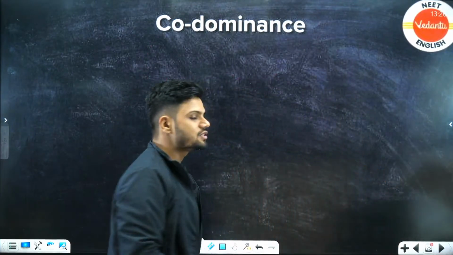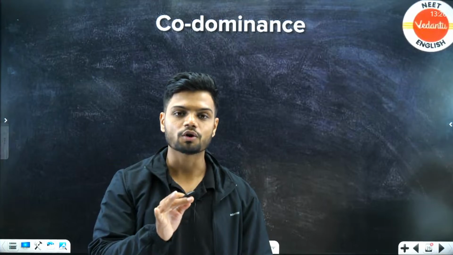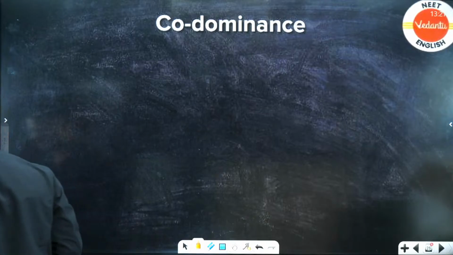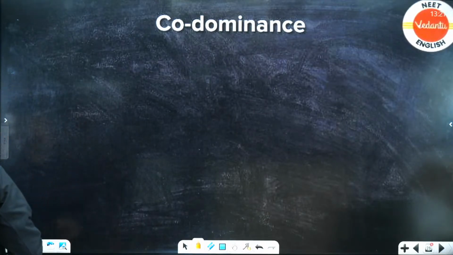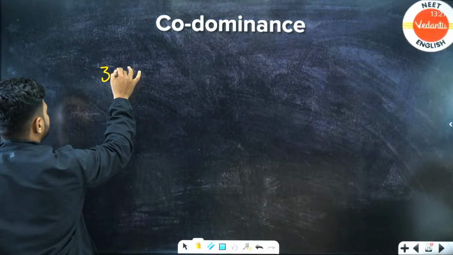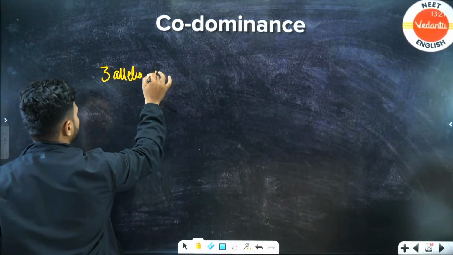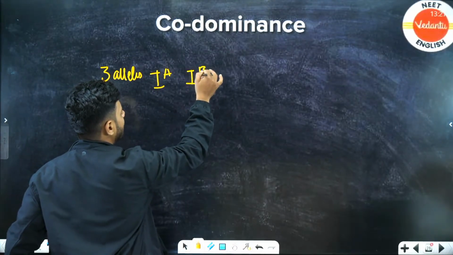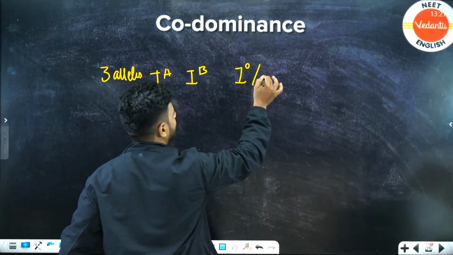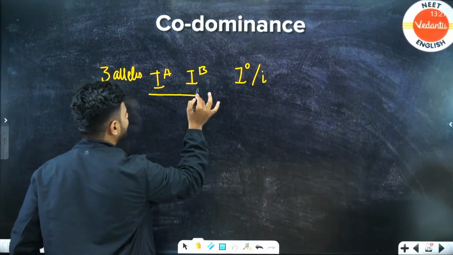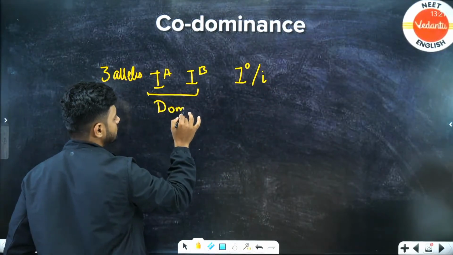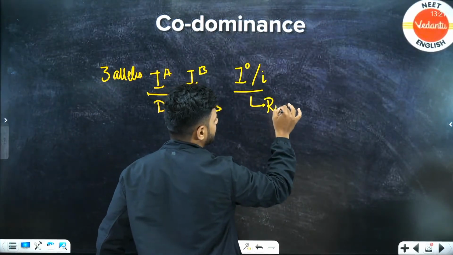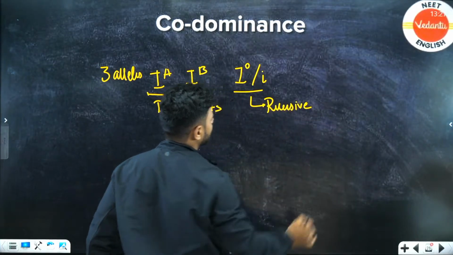Why? Because in the case of ABO blood grouping, we have 3 different alleles in humans. That is IA, IB, and I0 or I. Now these two, IA and IB, are dominant alleles, and I0 or I is called the recessive allele.